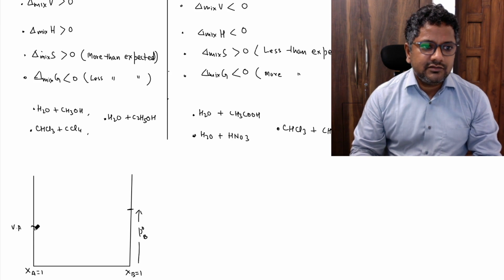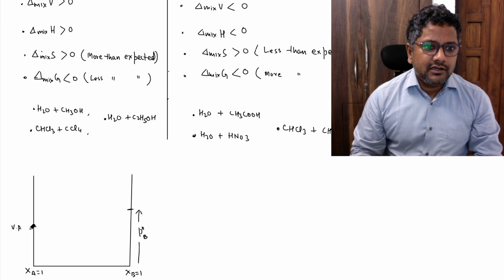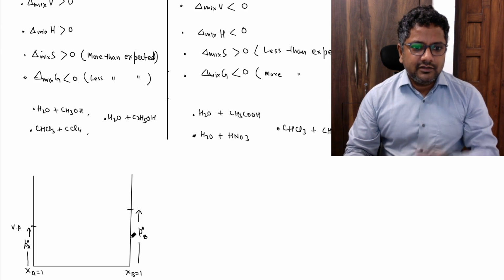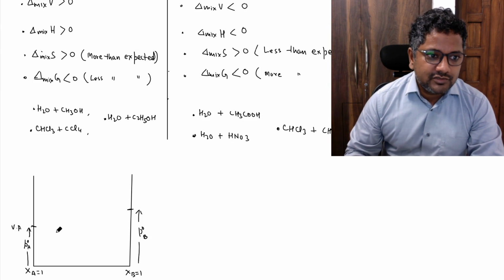Here xa is equal to 0, and this is p naught a, right? See, when your solution is ideal, both the components obey Raoult's law.